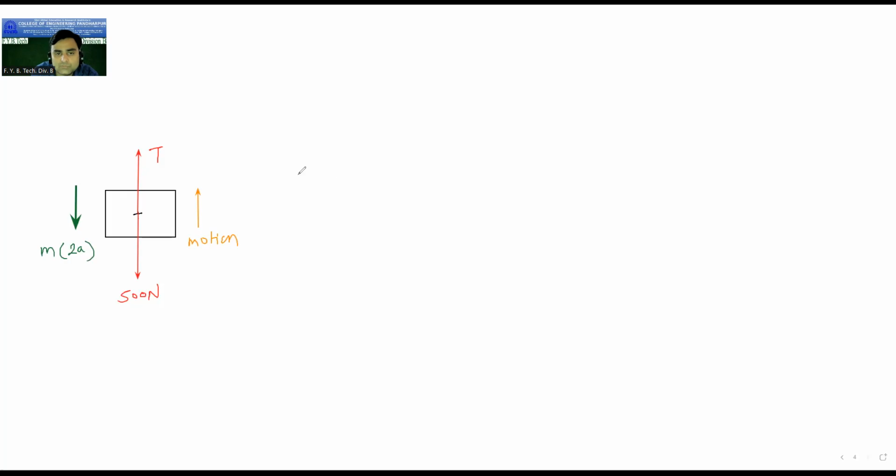So here if I apply summation Fy equal to 0, then it is T minus 500 minus M into 2A is equal to 0. So T minus M, which is 500 divided by 9.81, into 2A is equal to 500.